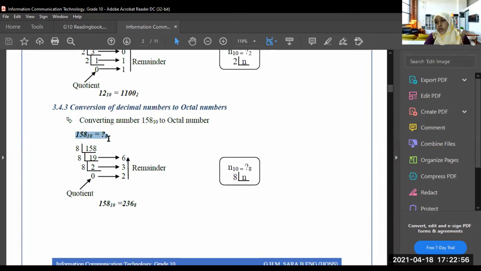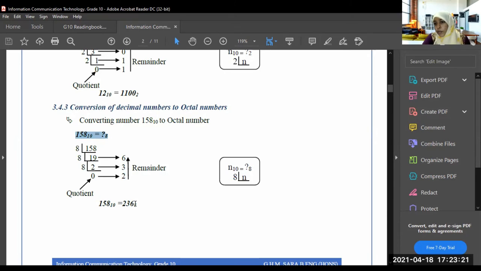If you want to convert it into an octal number, you should divide it by 8. 158 divided by 8, 19 times, 6 remaining. How many 8s in 19? 2 times, 3 remaining. How many 8s in 2? 0 times, 2 remaining. So the answer is 236 base 8.